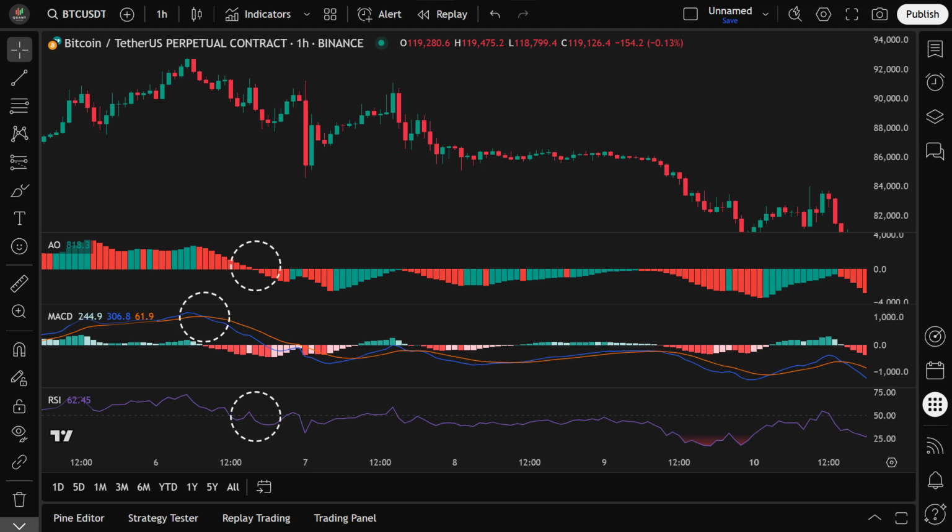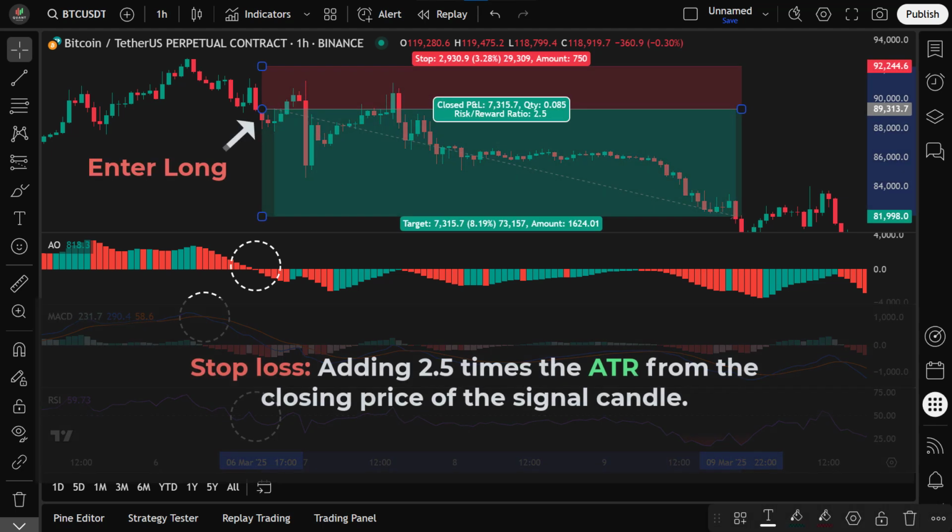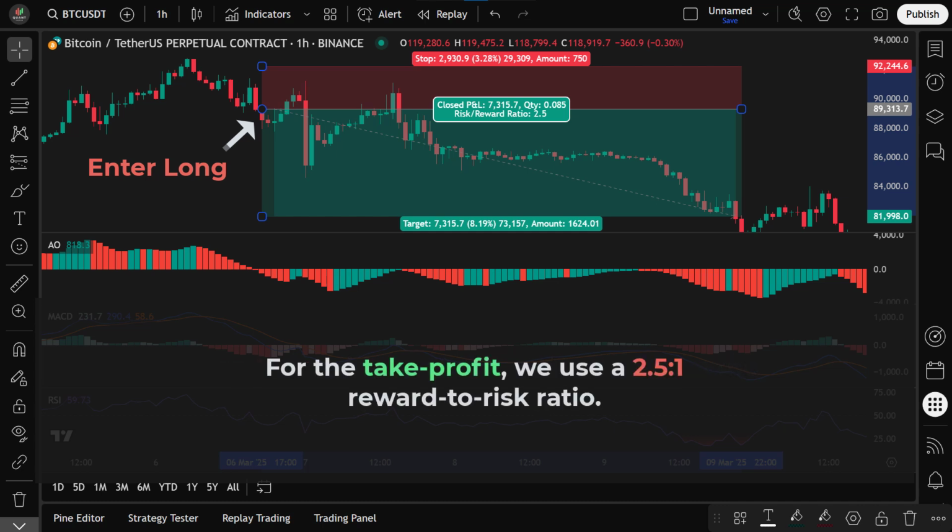Once all conditions are met, we enter the short trade on the next candle. Stop loss is placed just above the high of the signal candle, adjusted by adding 2.5 times ATR to the signal candle's close. Take profit follows a 2.5 to 1 reward to risk ratio. We close the trade when the price closes below our target level.